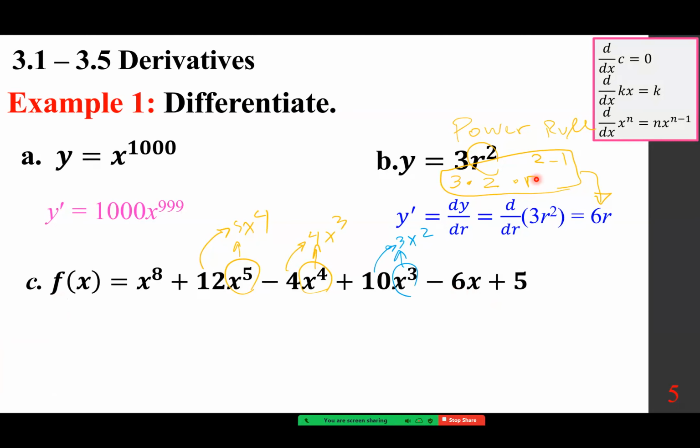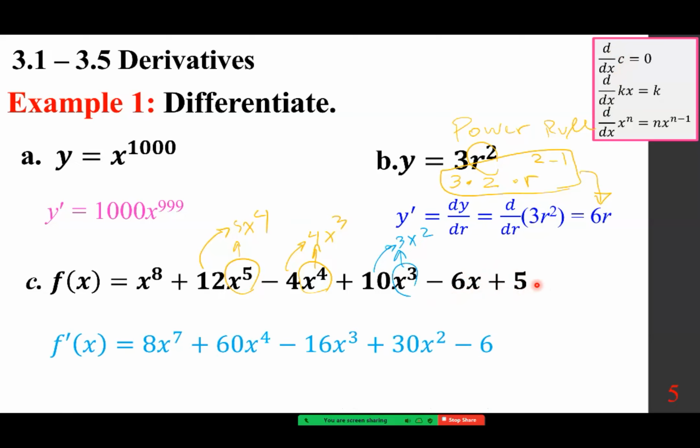Look at this one, minus 6x. Simply minus 6 because the exponent is 1, everybody. When we don't write the exponent, it is 1. 1 minus 1, x to the 0 is 1. So minus 6. And any constant, 5, 5,000, negative 2, gives 0. So this is the final answer, everybody.